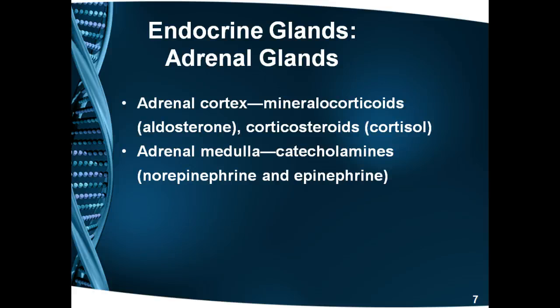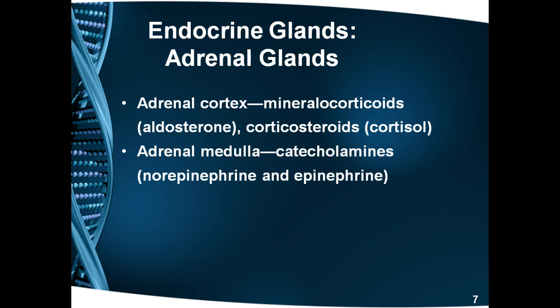Those mineral corticoids are like the aldosterone, and you know that the aldosterone helps control the body's sodium and potassium content. So the adrenal cortex contains mineral corticoids, for instance, aldosterone.